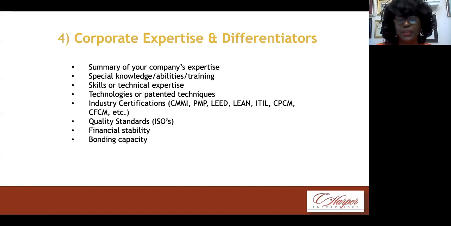What are your industry certifications, like CMMI or PMP or LEED or Lean? Any of those industry certifications are relevant to the success of your capability statement. Again, your quality standards, your financial stability, and if you're bonded. What can you be bonded for? Or are you already bonded? Because for some companies, you must have bonding capabilities to move further with some of the contracts, not all of them.